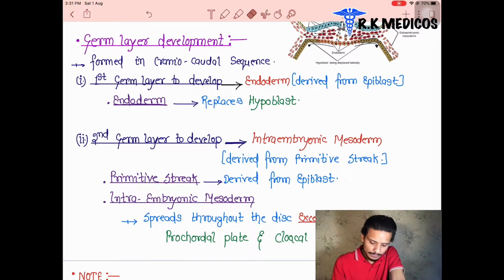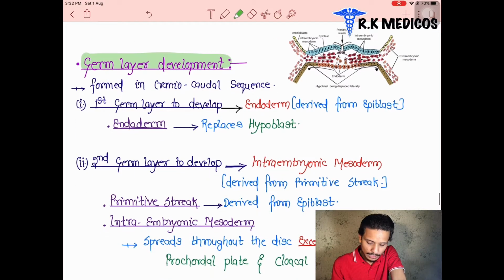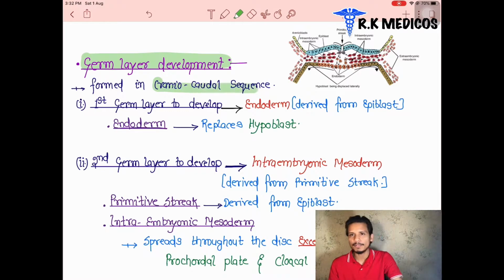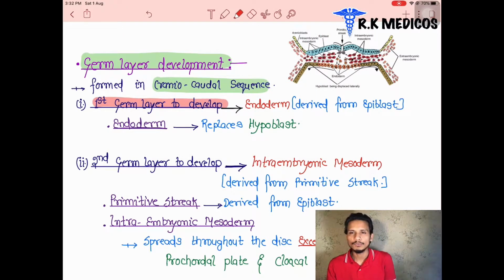We can see here the germ layers development. Which germ layer is going to develop first? We know the craniocaudal sequence: the first cranial parts get formed, and then the caudal part is going to develop. The first germ layer developed in any embryo is the endoderm only.